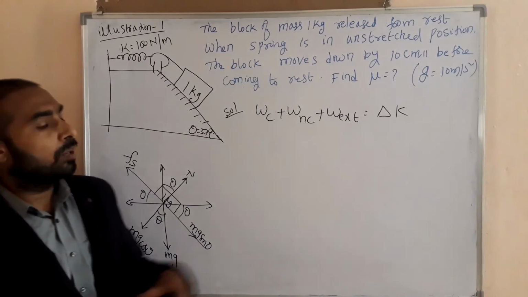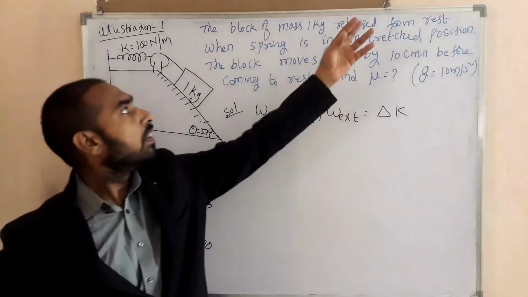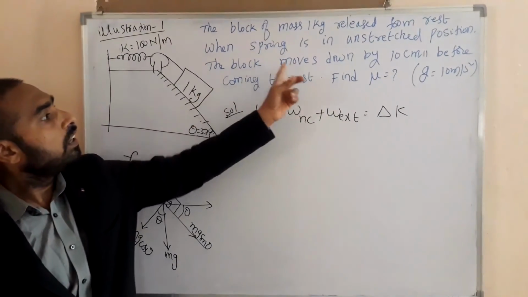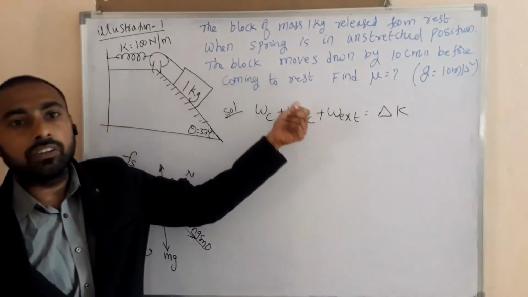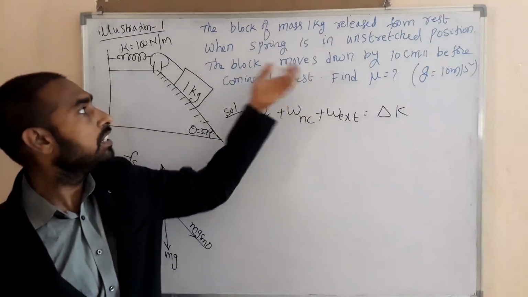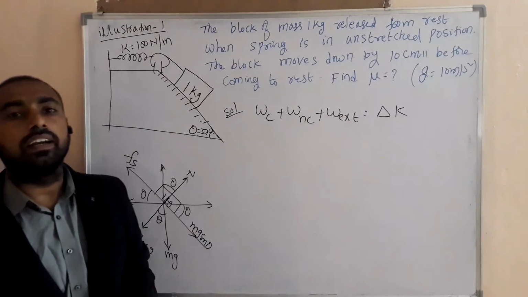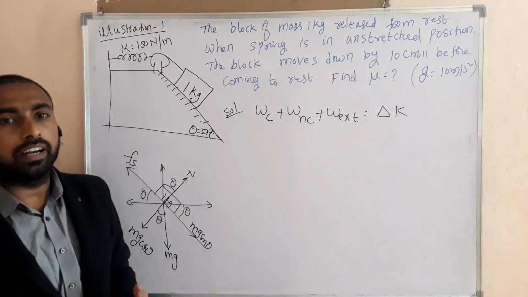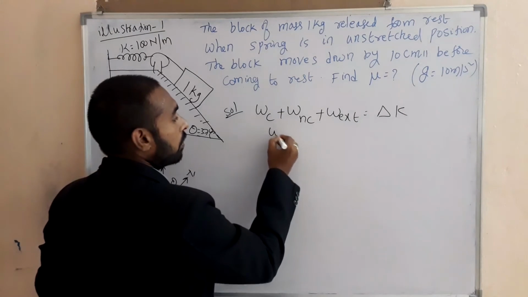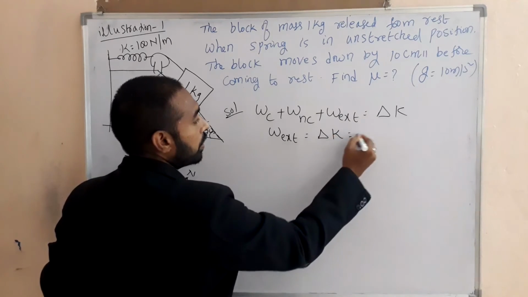One more important point is that the change in kinetic energy is also 0, because the block is released from rest and the final position is also at rest, after it moves down 10 cm. So initial kinetic energy and final kinetic energy have the same value, so the difference is 0. So work done by the external force and change in kinetic energy are both 0 here.